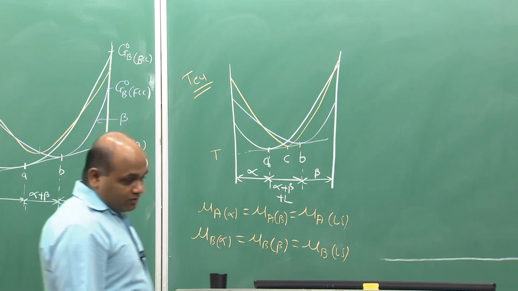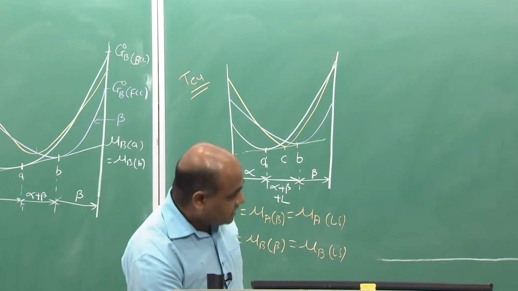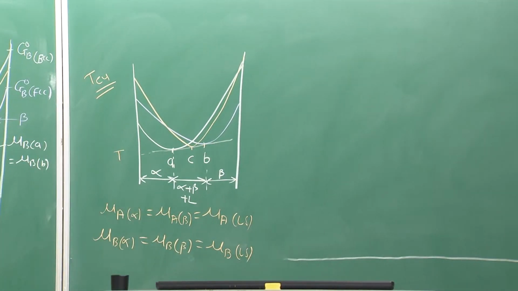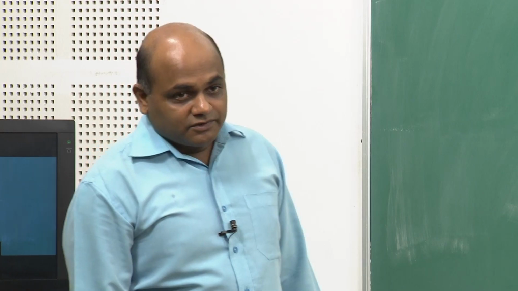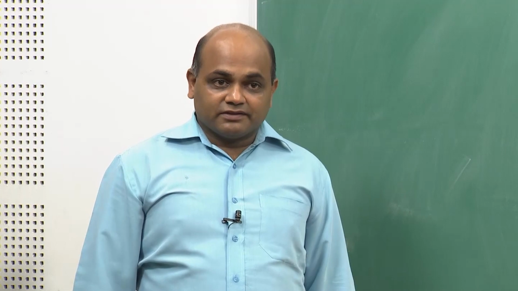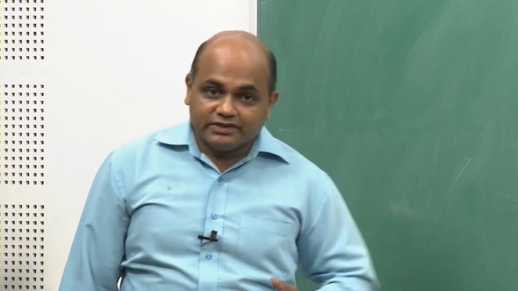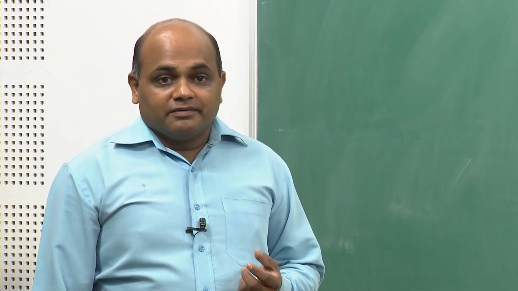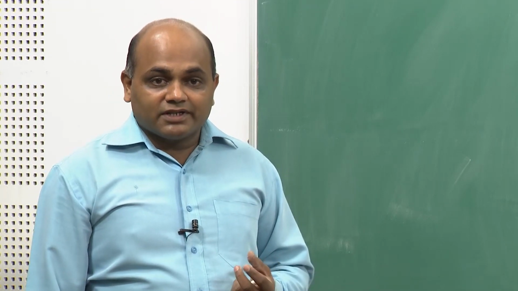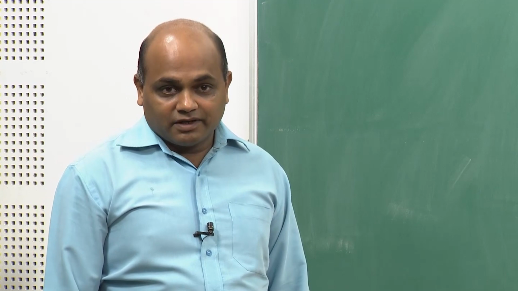Now, let us look at one more case when delta Hm is highly negative. So, what should happen when delta Hm is highly negative? When delta Hm was positive, there is a tendency for phase separation, it developed a miscibility gap, right, because delta Hm positive means AB bonds are weaker than the average of AA and BB.